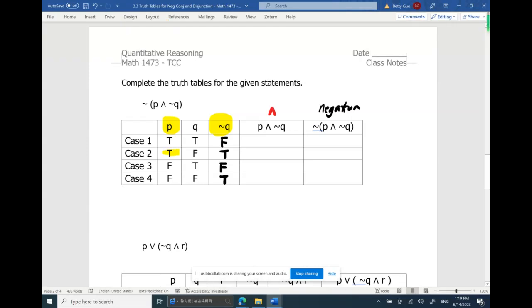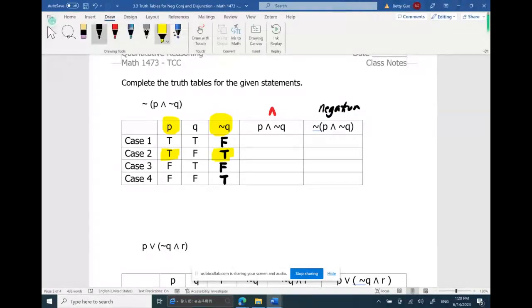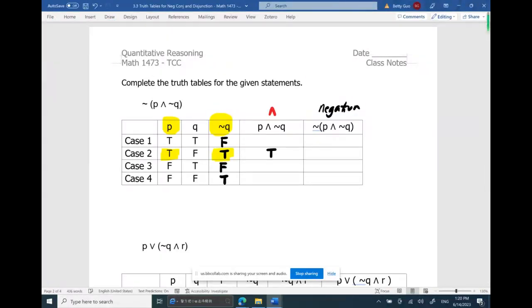Both of them have to be true. Here we go. In case 2, both components are true. And in all other 3 cases, we don't have both of them true. So that is false, false, false.